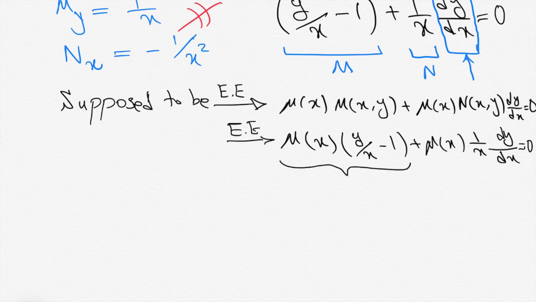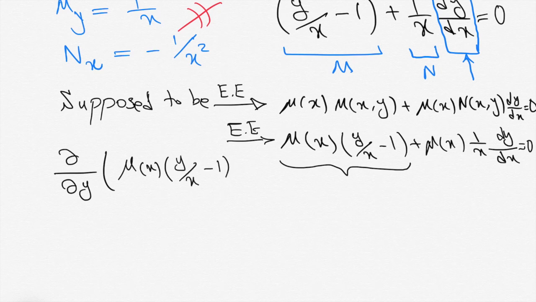So this is supposed to be an exact equation, right? Therefore I am going to say that this time I take the derivative of it with respect to y, right? Like round over round y of mu of x times y over x minus 1. Okay, so this mu doesn't depend on y, right?